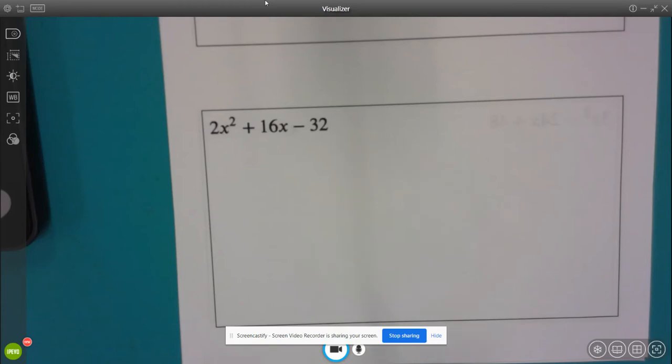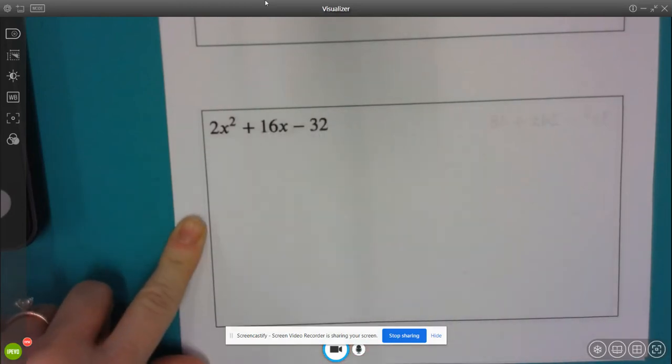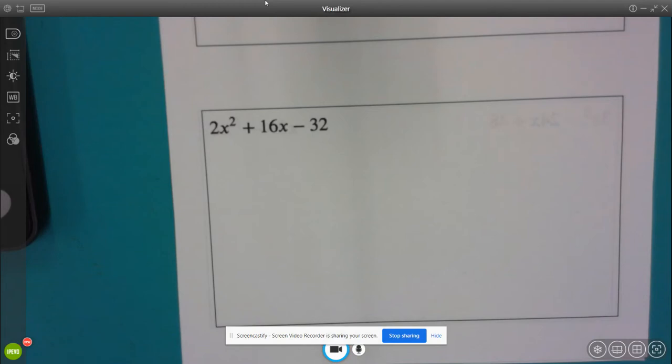Here, you'll notice that each of these are an even number. Before I can do anything else on this question, I have to factor out that common factor.